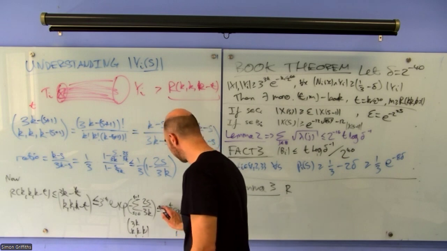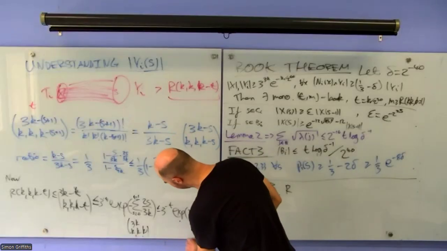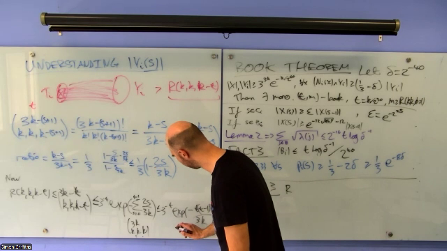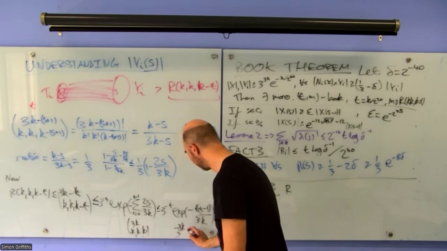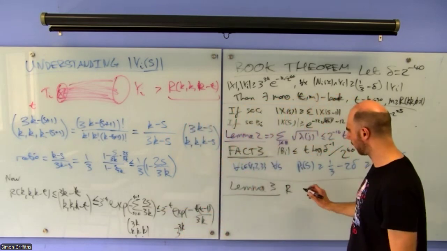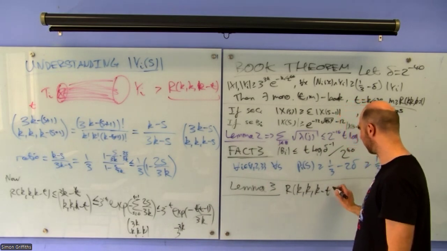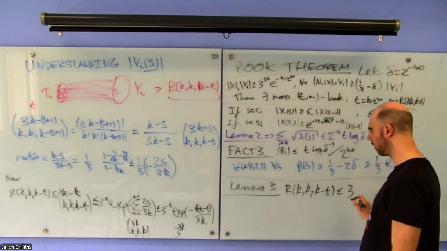Of course, 3k choose k is at most 3 to the 3k. So it's at most 3 to the 3k. And what we've proved is the following lemma: r k minus t is at most 3.